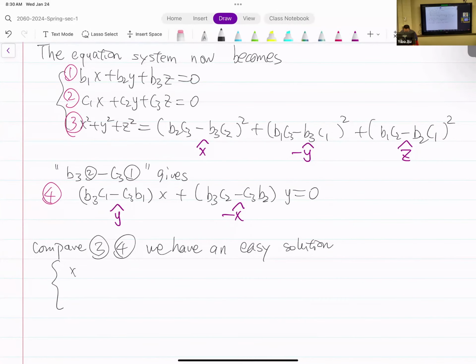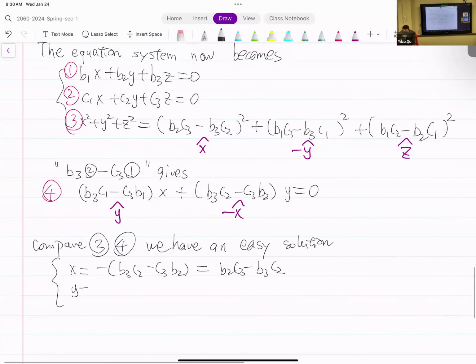So basically, x is the negative of B3C2 minus C3B2, which is just B2C3 minus B3C2. Okay, we still put these up front. And y is B3C1 minus C3B1, which is, yeah, we don't really need to change the sign.